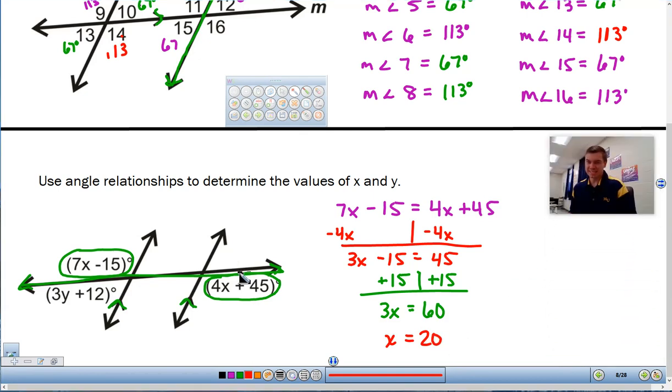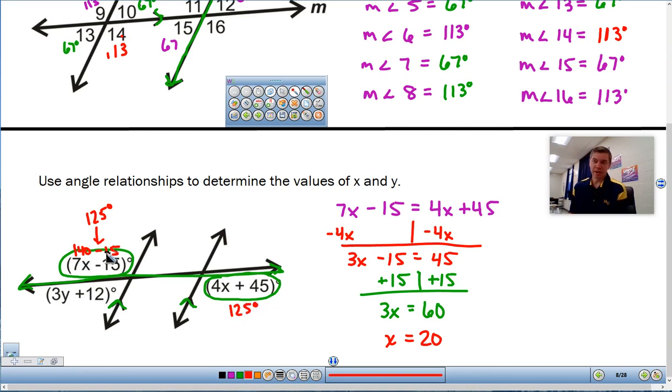Now that we know what x is, I can calculate the measurement of that angle. That will be helpful in finding out the value of y. So let's plug in the 20 and see how much that is. 7 times 20 is 140, minus 15 is 125. So this is a 125-degree angle, this one as well.